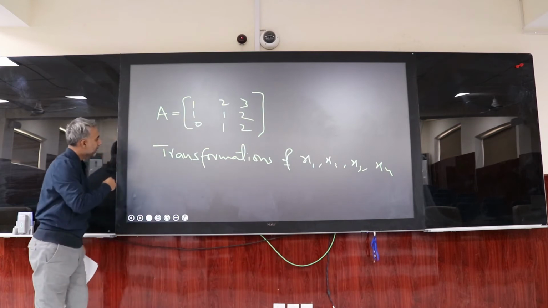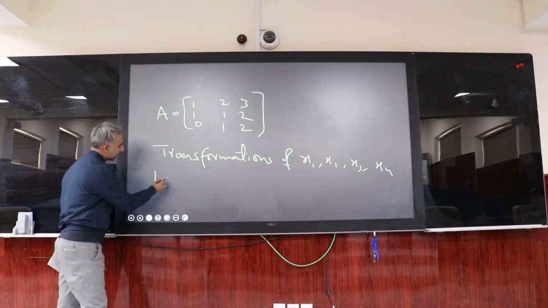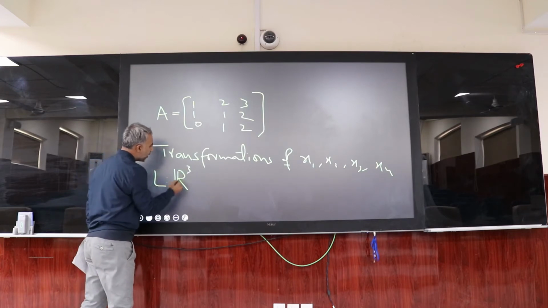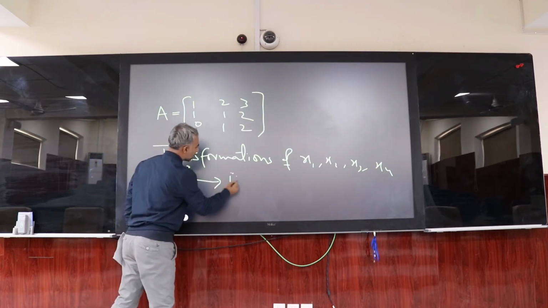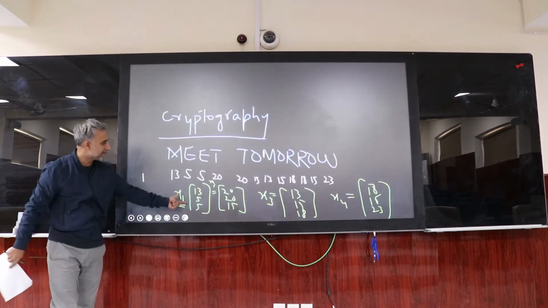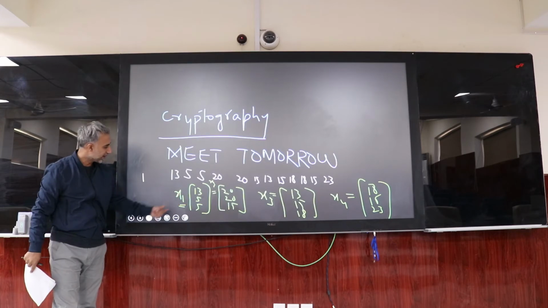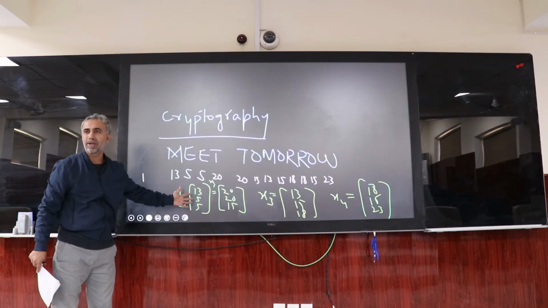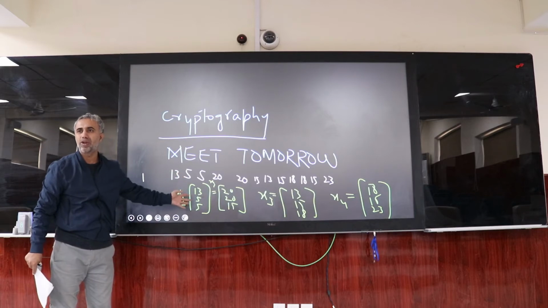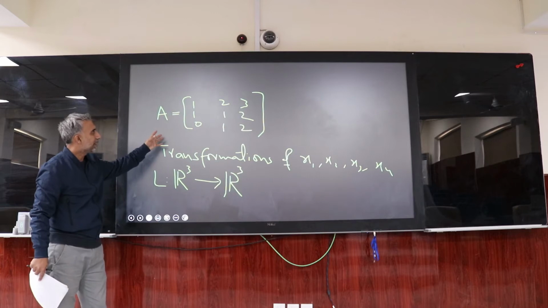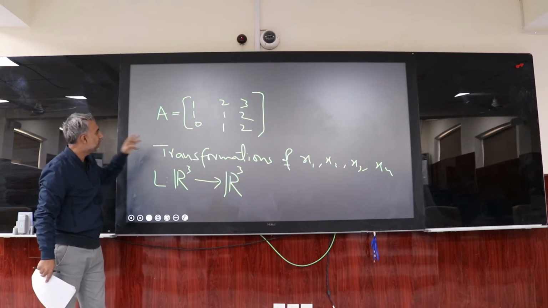In mathematics, the letter T is used for transformation from 3-dimensional to 3-dimensional, because we are having 3 elements in this one vector, or you can say there are 3 rows. The number of columns is 1, with 3 rows. So we consider this matrix in the form of 3 by 3.